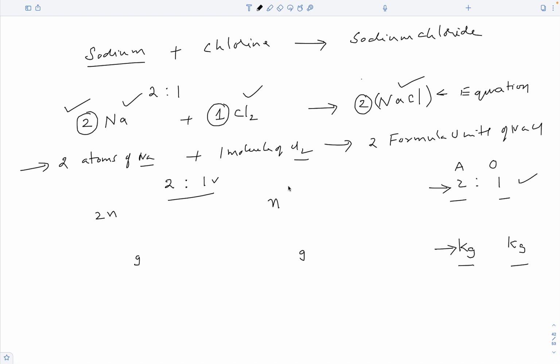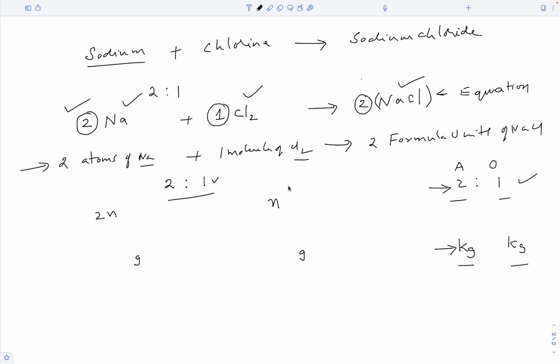But because these particles are extremely tiny, we can neither count them, nor will any amount of time be sufficient to count them. Even a small sample of sodium would have such a large number of atoms. So we cannot count sodium atoms and chlorine molecules.